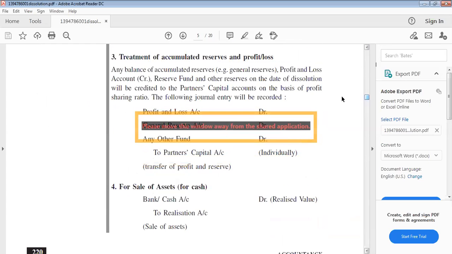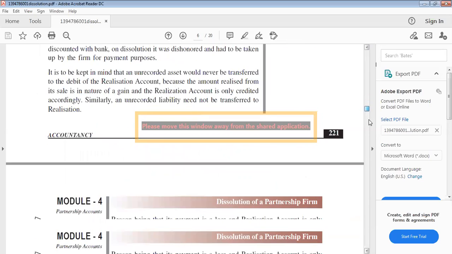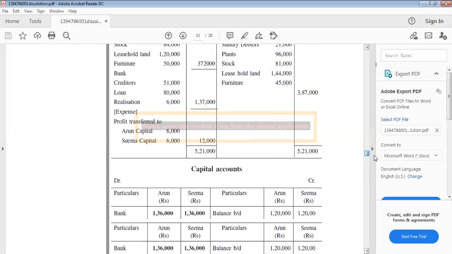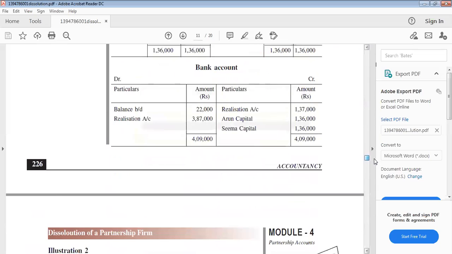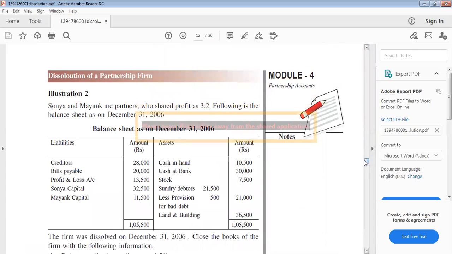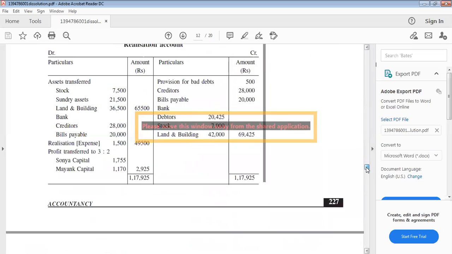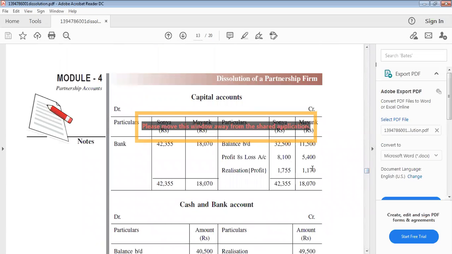Any balance of accumulated reserves, profit and loss, reserve fund and other reserves on the date of dissolution will be credited to the partners' capital accounts on the basis of profit sharing ratio. Good. This is the reason why the 13.5 is done like this. So divide 25 into 3 and 2 and so forth.